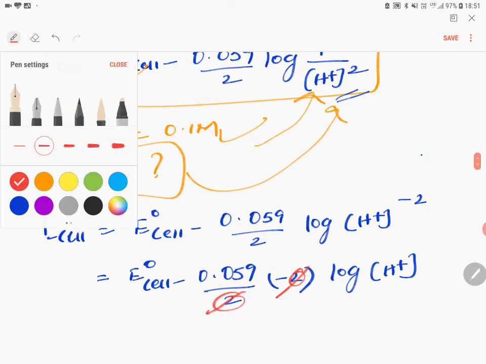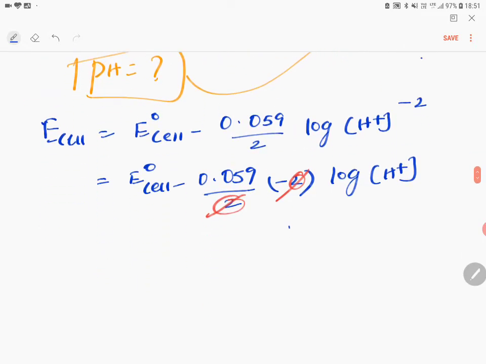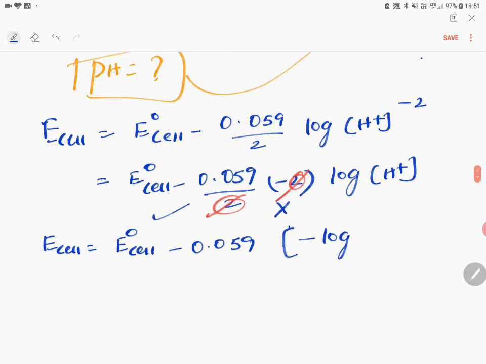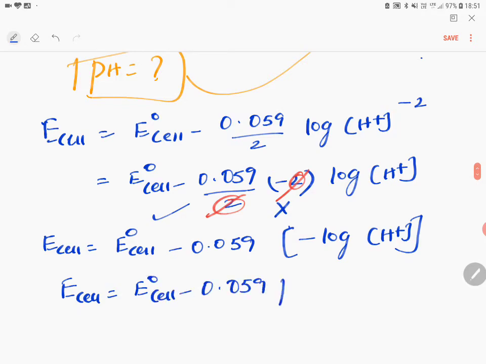Therefore, next step, what you are going to get? E cell is equal to E naught cell minus 0.059. This minus is over, this minus is remaining. I will write minus log concentration of H plus. Therefore, E cell is equal to E naught cell minus 0.059 into pH, because this value is equal to pH.